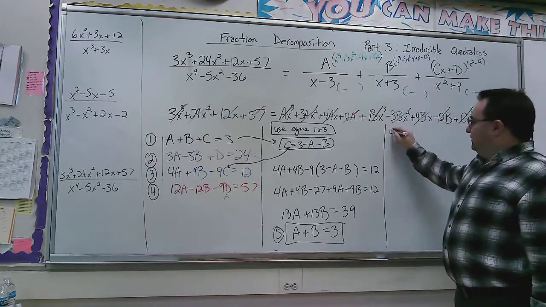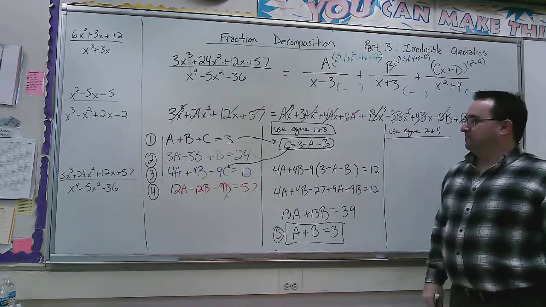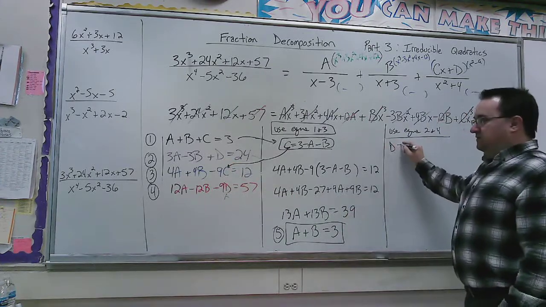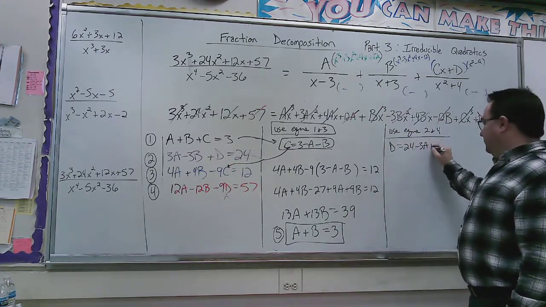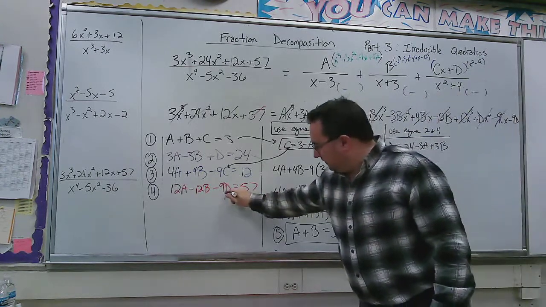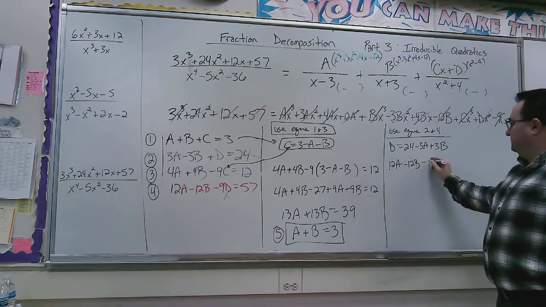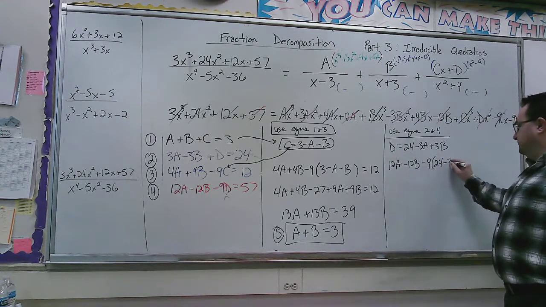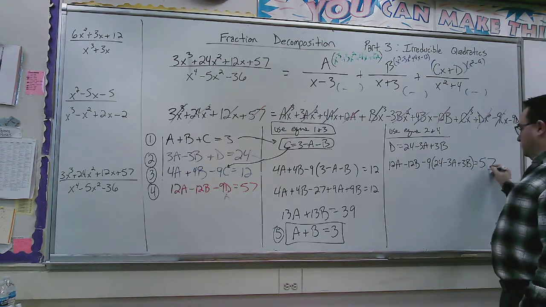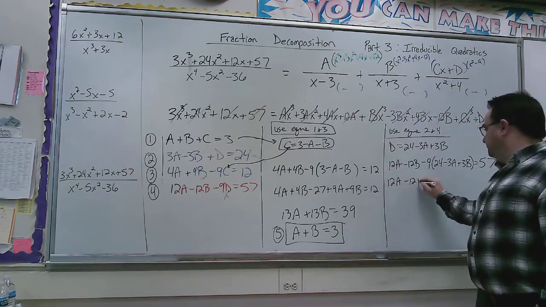All right, now I'm going to use equations 2 and 4. So I'm going to take this one and solve it for D. D equals 24 minus 3A plus 3B. And I'm going to take that and put it right there. See, I'm just doing what I already figured out. Now you just have to work all the nuts and bolts into it. So there it is. Might need to bust out a calculator here.